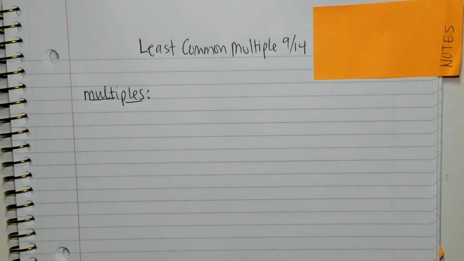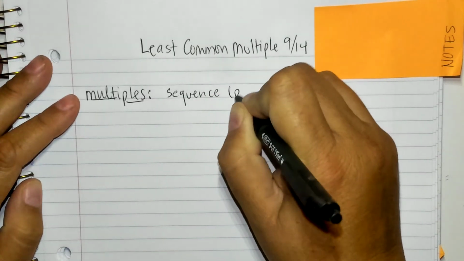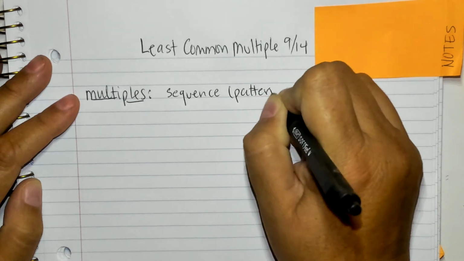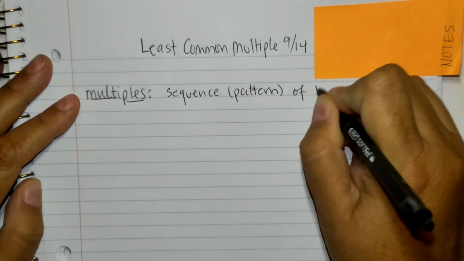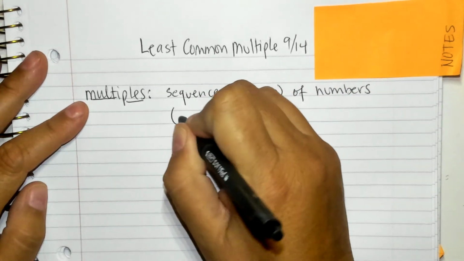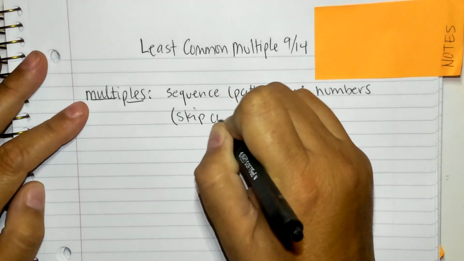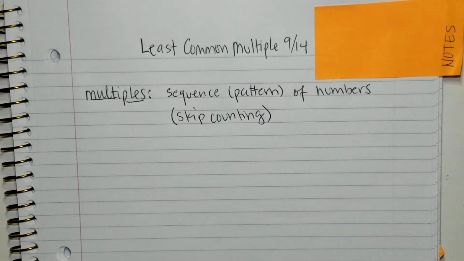Factors are going to be smaller than the number, or equal to. Multiples are always equal to or larger. So, multiples are the sequence or pattern of numbers. And just the way that you learned it in your early days, it's like skip counting. It's counting by that number.